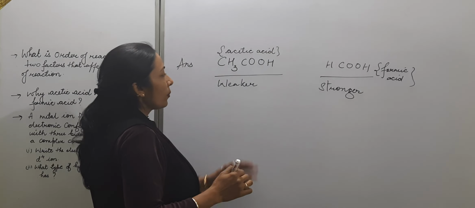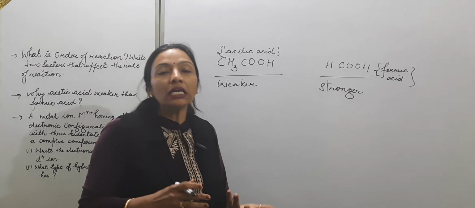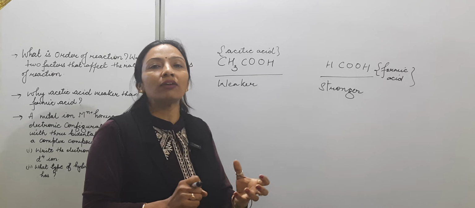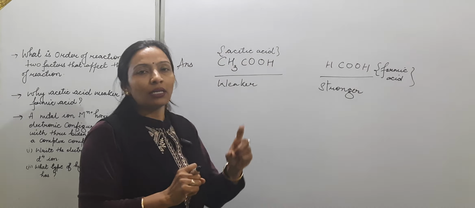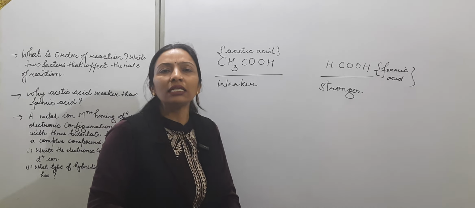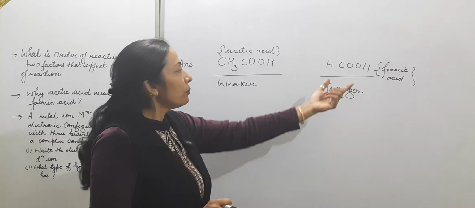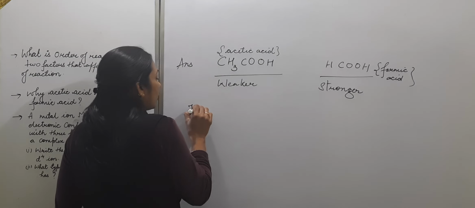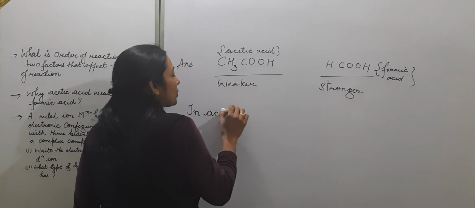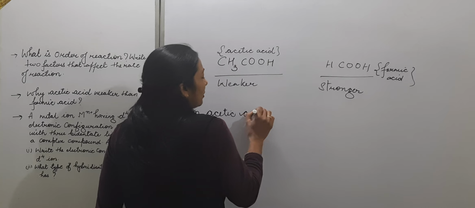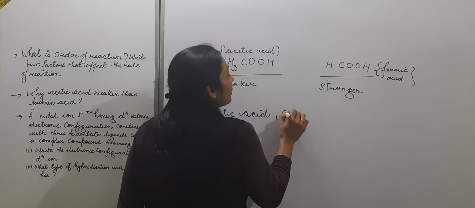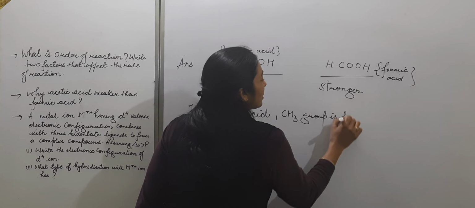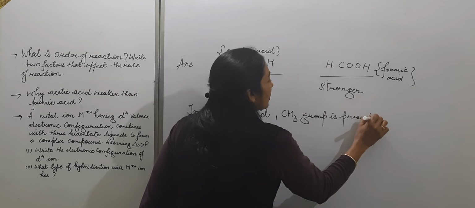Now, why is this weaker? जो weaker acids हैं, means they are not easily giving the hydrogen in aqueous solution. वो नहीं easily देते हैं. That is why they are weaker. But here it can give it. Why? Because in acetic acid क्या स्पेशल है? In acetic acid a methyl group is present, और वो क्या करेगा?